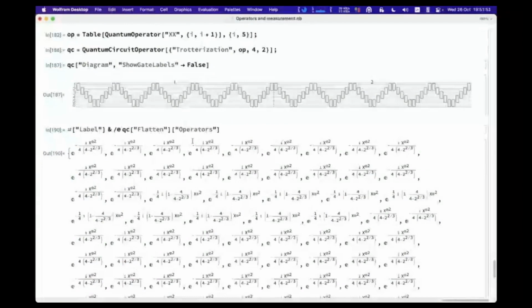And you see, those of you who are familiar with the Trotter-Suzuki decomposition, those are exactly the terms that we have when we do that particular decomposition. But again, if you are not representing your time evolution by a circuit, don't bother.